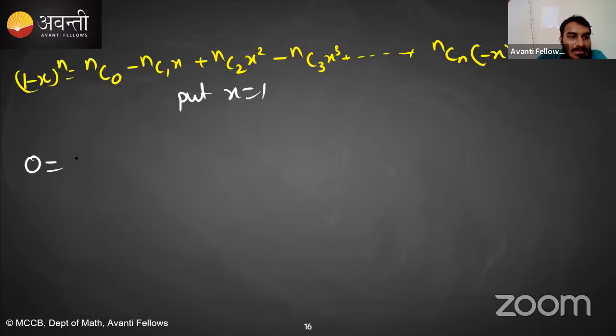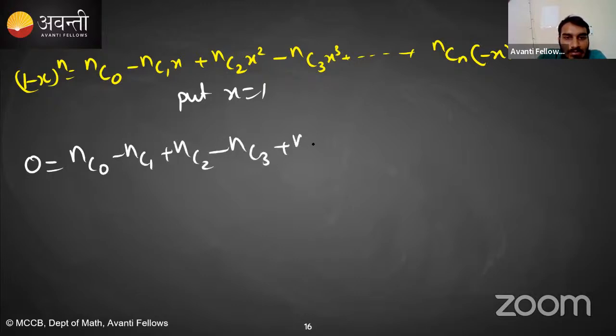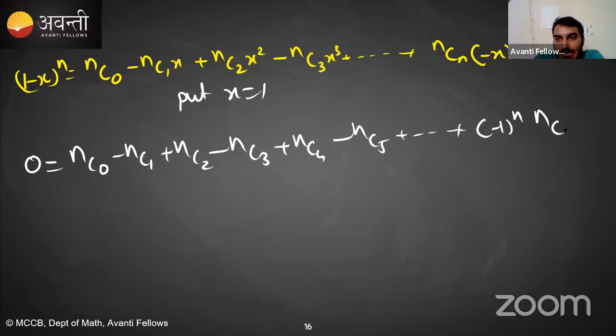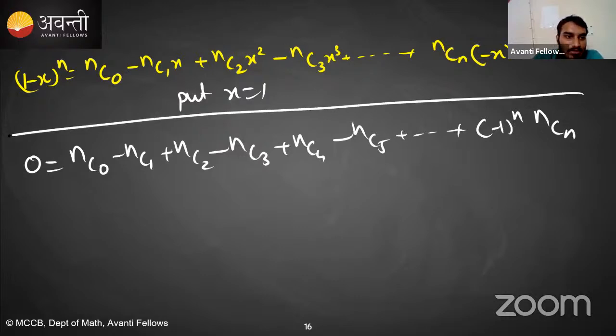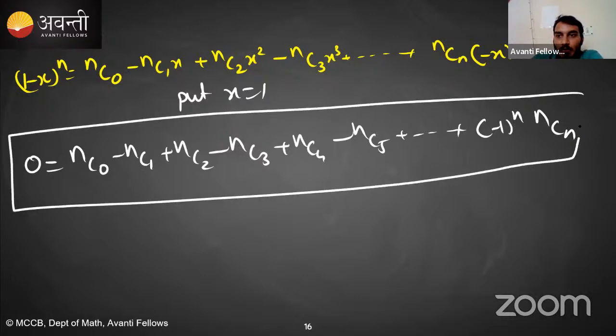So 0 is equal to nC0 minus nC1 plus nC2 minus nC3 plus nC4 minus nC5, like that up to minus 1 raised to the power n nCn. Is that clear? So this is again one very important formula.